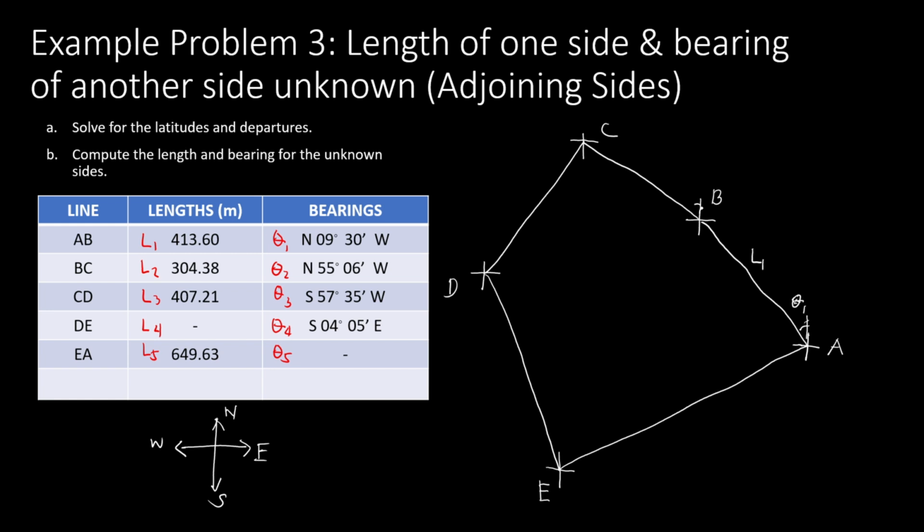And then ito yung theta 2, and then L2. Tapos dito yung theta 3, L3, and then theta 4. Dito dapat alam nyo na kung paano maglagay ng bearing. Next, theta 5, and then L5. Next tayo, next slide.